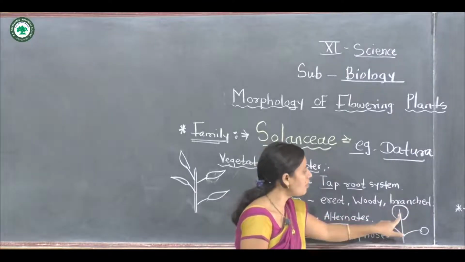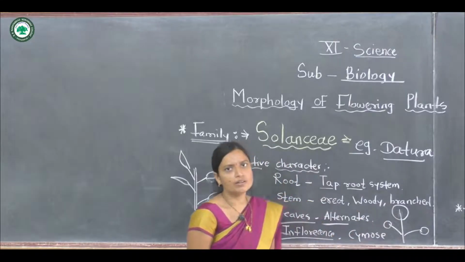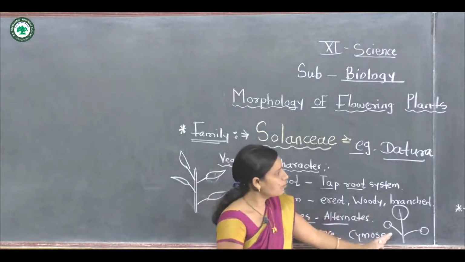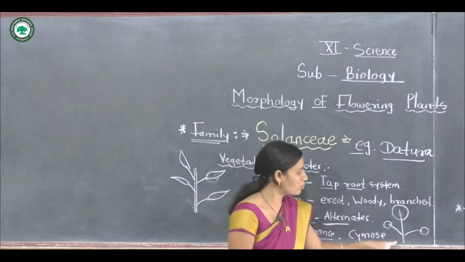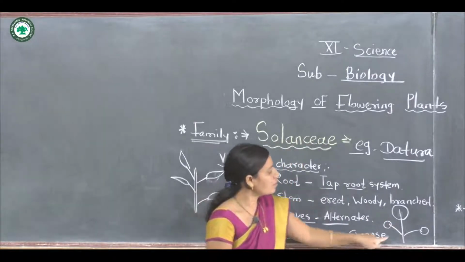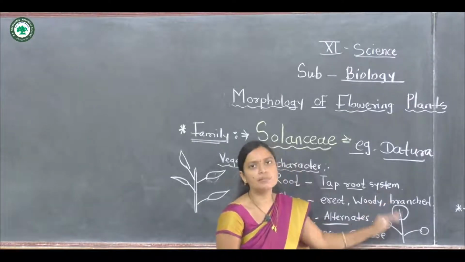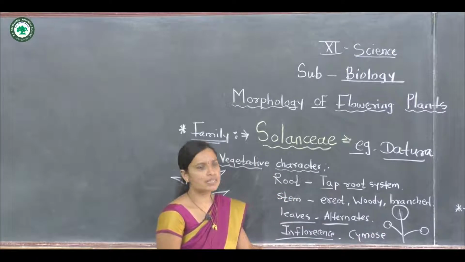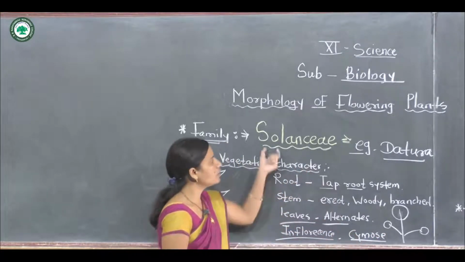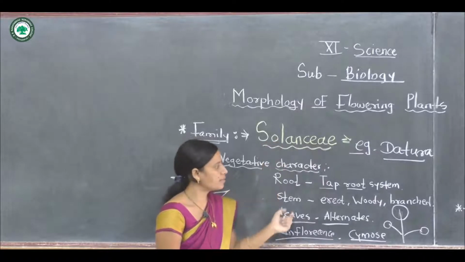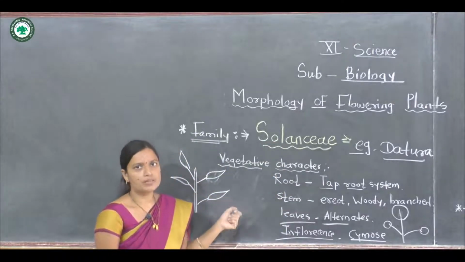The central flower opens first, and this type is called cymose inflorescence. The flower is terminal in position and growth is limited. This type is found in the family Solanaceae. These are the several vegetative characters of family Solanaceae.